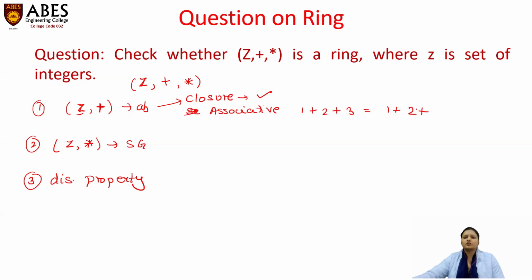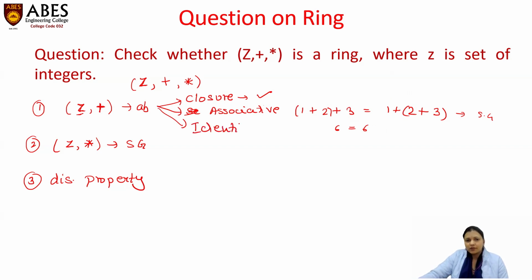This example was also discussed in the previous lectures of this unit, so you can refer to that lecture too. So the associative property is satisfied and hence this is a semigroup. Now the third property for abelian is we have to check for the identity element, or the structure should be a monoid.